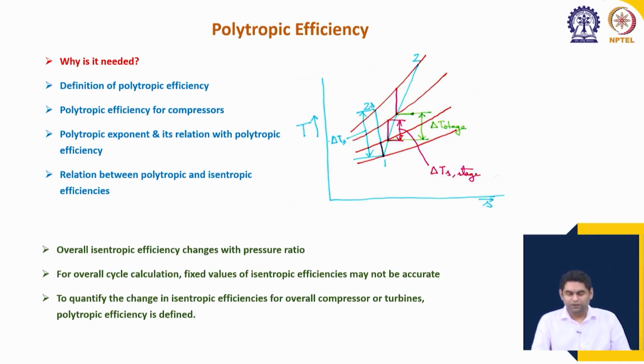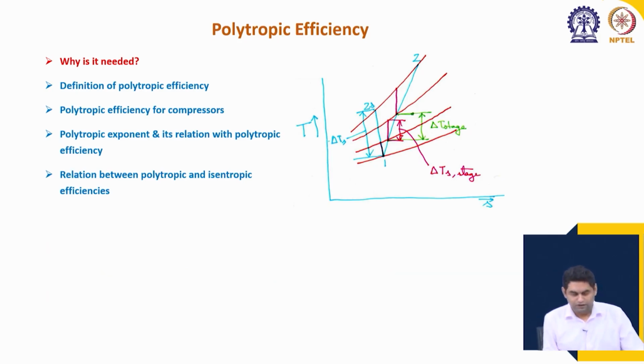What happens in isentropic efficiency is that if I have a single stage or a small part of the entire turbine expansion or compressor compression process, the isentropic efficiency for that part can be accurately defined, but using that isentropic efficiency for the entire process leads to inaccuracy. What is the reason for that?